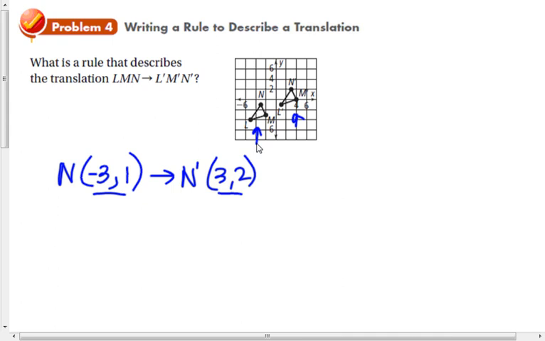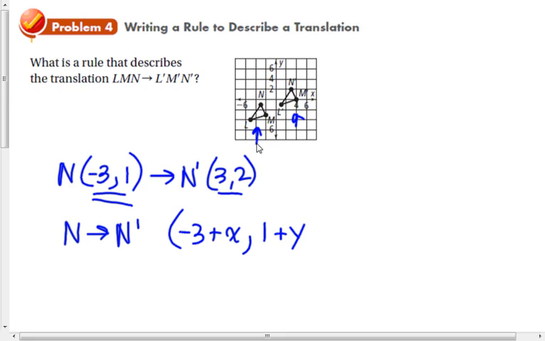So when we go from N to N prime, from the pre-image to the image, we're taking -3 and adding some value to that, and we're starting at 1 for the y coordinate, and we're adding some value to that, and we end up at 3, 2.